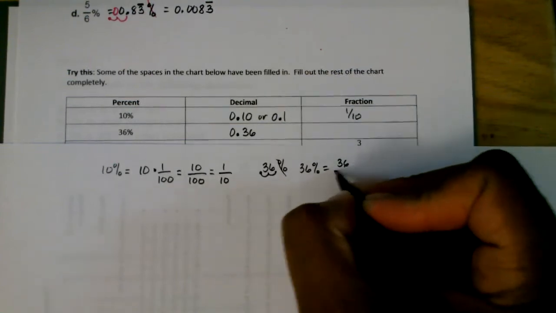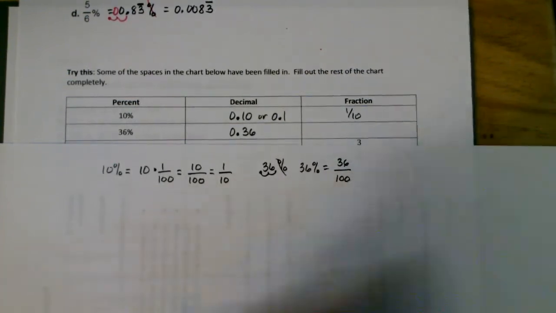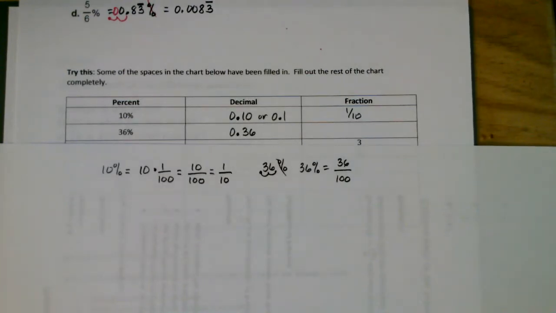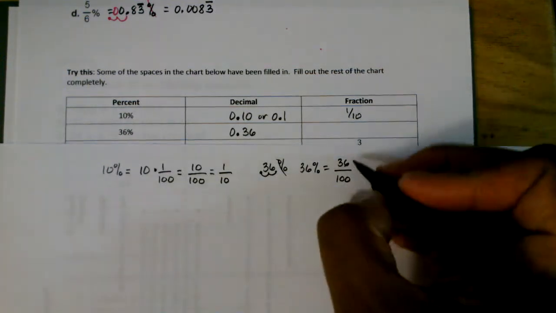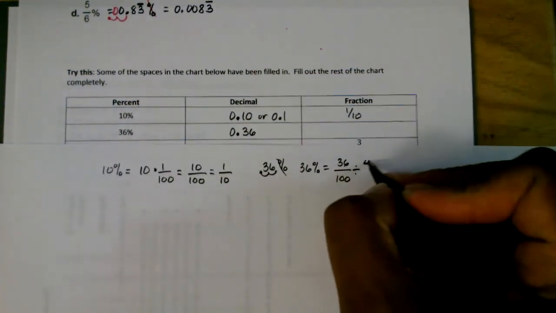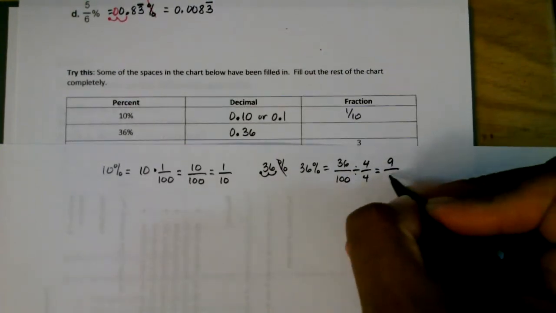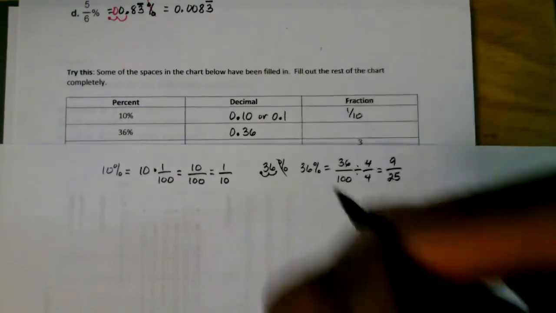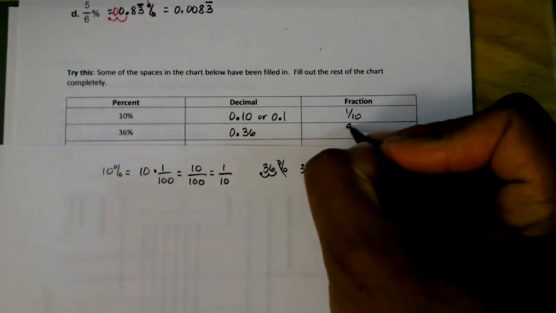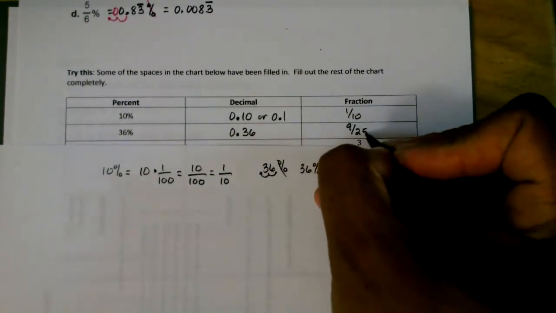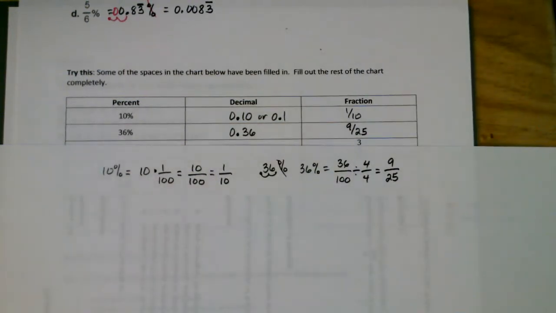Take the 36 and it will be over 100. And then we can reduce 36 over 100 by dividing the numerator and the denominator by, let's say, 4. 4 goes into 36 9 times, and 4 goes into 100 25 times. So 36% as a fraction would be 9/25.